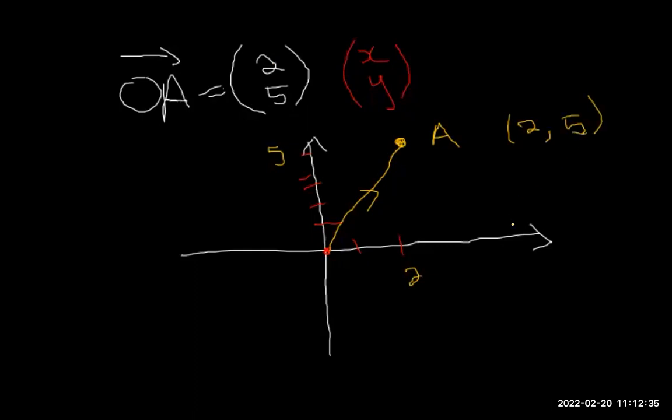Do you understand that? Yes? No? The position vector OA actually helped me to find the coordinates of the point A. They told me that the column vector is 2, 5, and therefore the coordinates of the point A has to be 2, 5 as well. Yes, you understand.